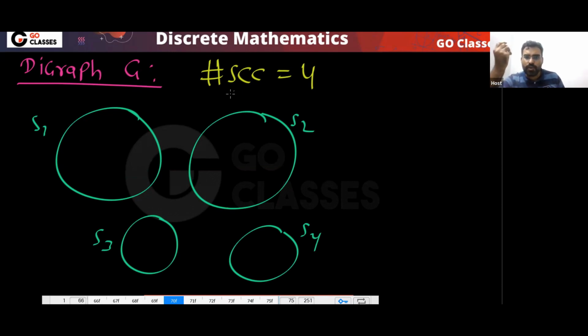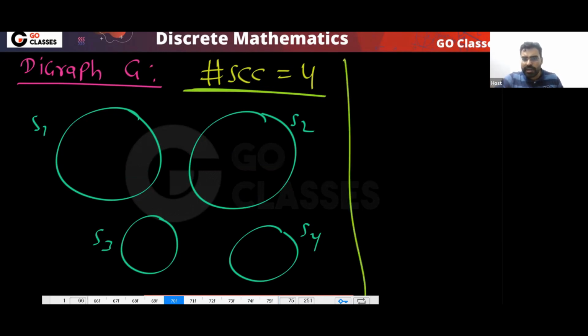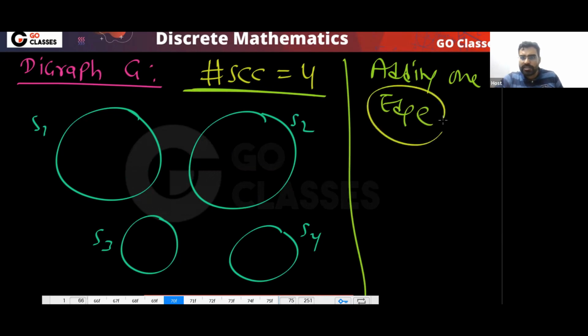By adding one edge, will they become less connected? They cannot become less connected. You are adding an extra edge, so adding one edge does not make it less connected.